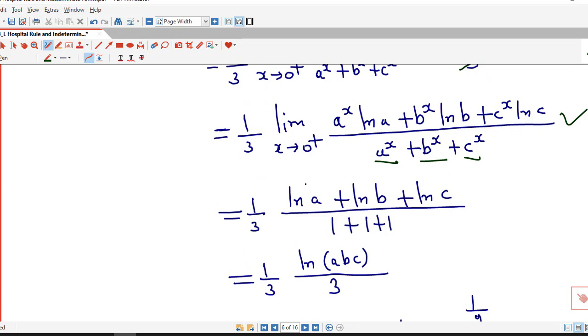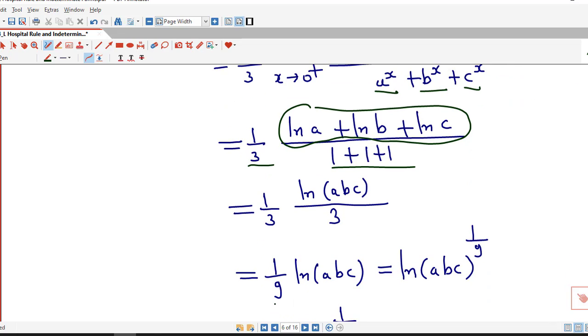And this we can rewrite as log of a into b into c using the property of logarithm, and this is going to be 3 into 3, so we have 1/9 into log of abc. And using the property of the logarithmic function, this we can rewrite as log of (abc) to the power 1/9.